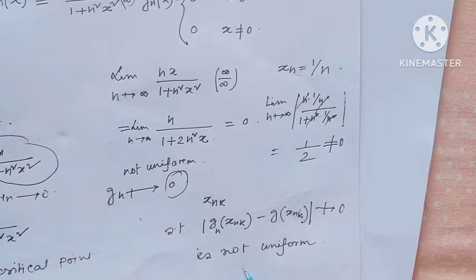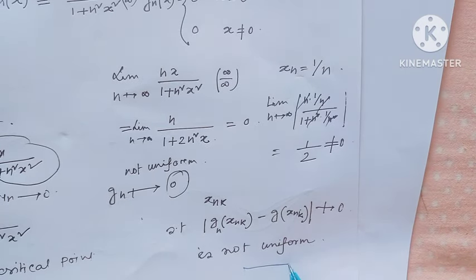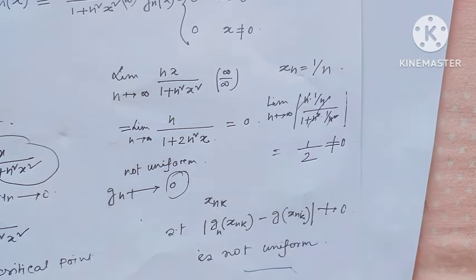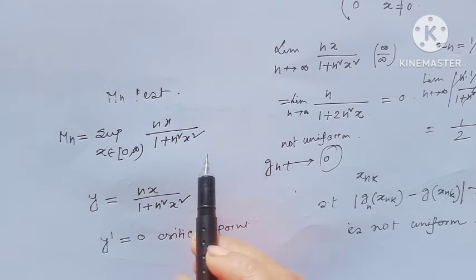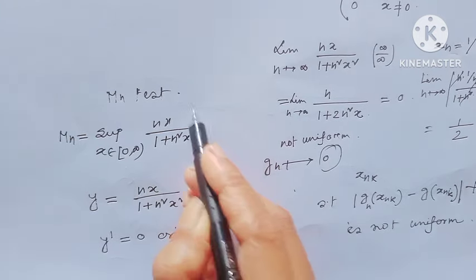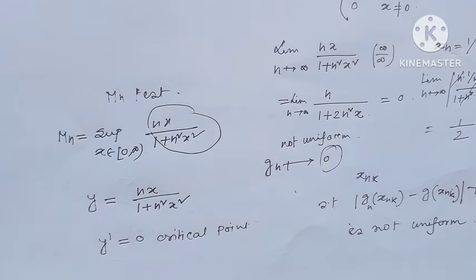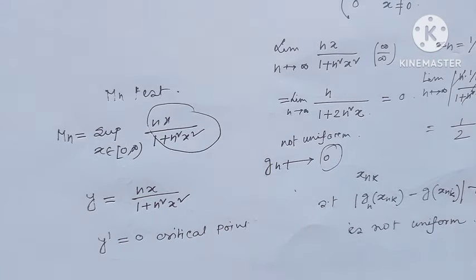Also, you can apply the Mn test here, and by the Mn test you will see similarly that this is not uniform convergence. Mn equals the supremum over x in the closed interval 0 to infinity of nx over 1 plus n squared x squared. Consider this value equal to y, and we all know that at a critical point the function has a maximum or minimum value.